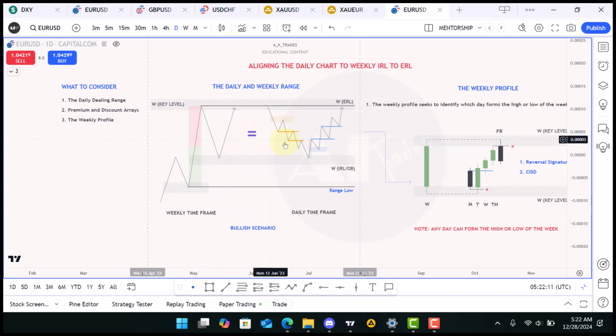So on the daily chart, this is how daily candles will behave. What I'm trying to say is that though we may have one weekly candle, this is how it will also behave on the daily chart. Remember, every candle is a range.